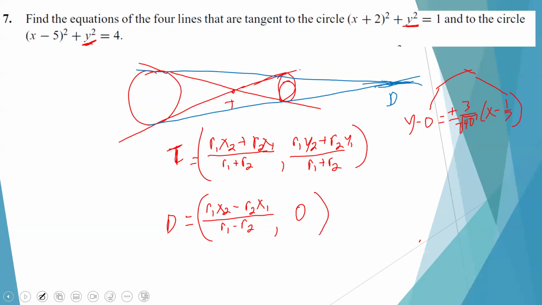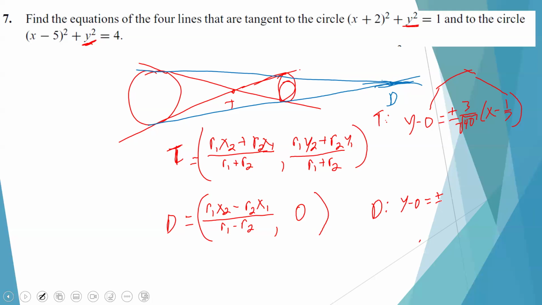And then you would use the equation for D with the tangent at T. Tangent at D is going to use the same idea, y minus 0. Again, that's still silly, but right now, and then you're going to have, what's this one going to be?